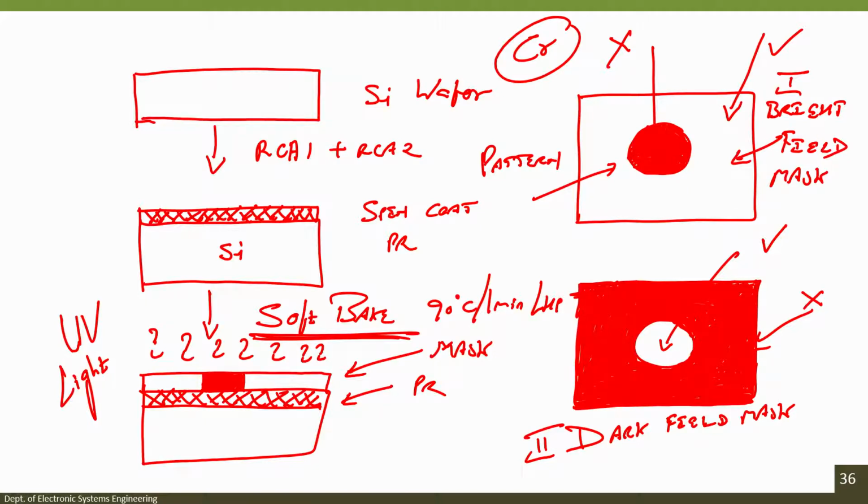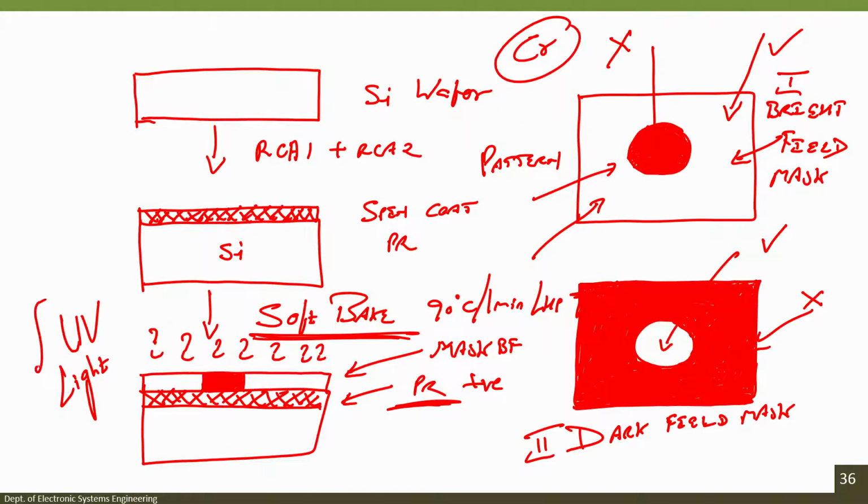Now, you will see the difference. Assume that we have used this bright field mask, and the photoresist that we have used is positive photoresist. So, after soft bake you load the mask and expose the wafer.